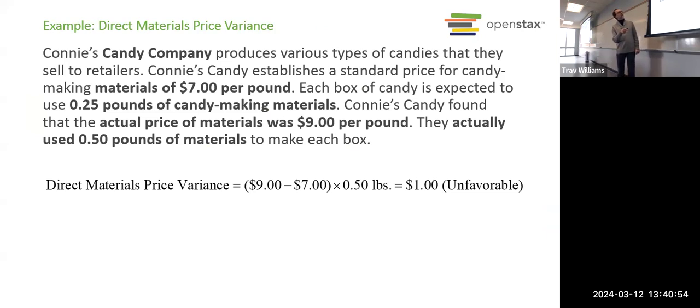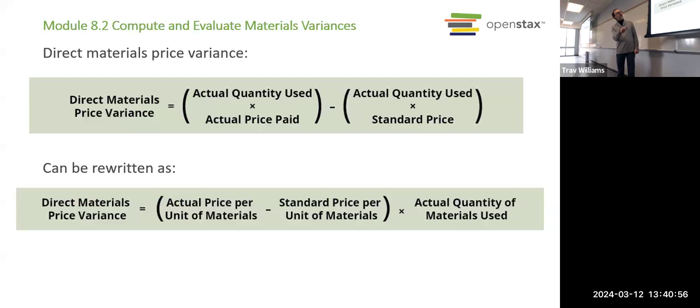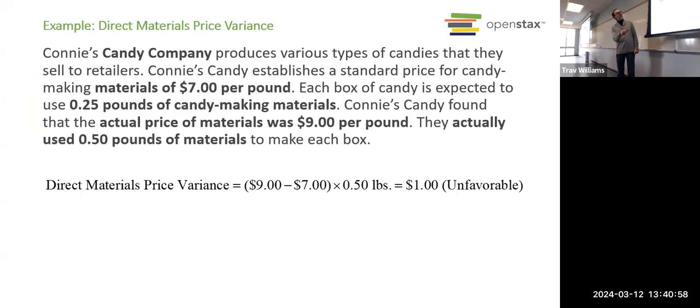And the other part of the formula, actual quantity times standard price, we took that actual quantity times the standard price, that would be $3.50. So what we're saying is it's costing us $4.50 per box. It's only supposed to cost us $3.50. So we're paying an extra $1 per box, which is unfavorable, just because we're paying a higher price for materials. Okay?